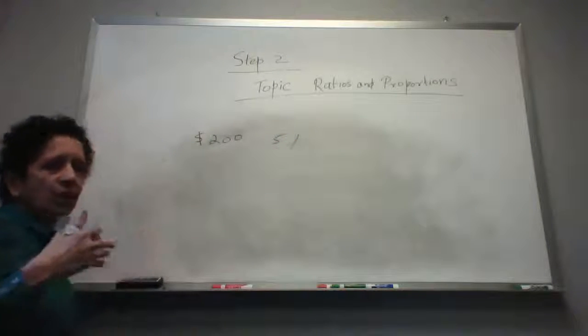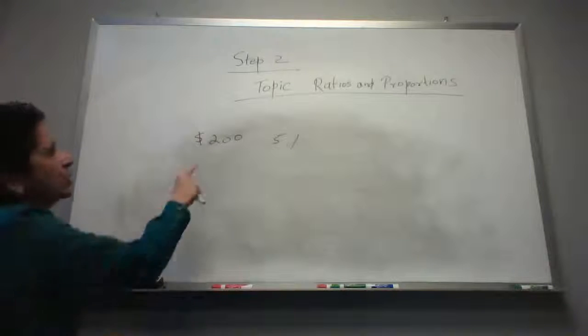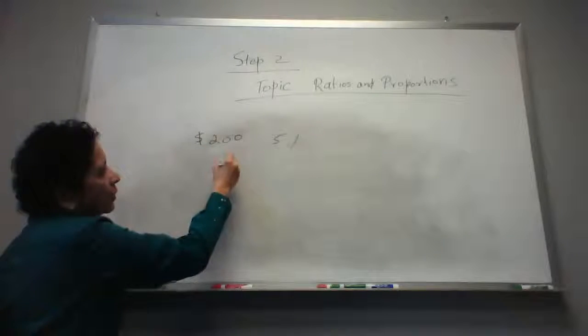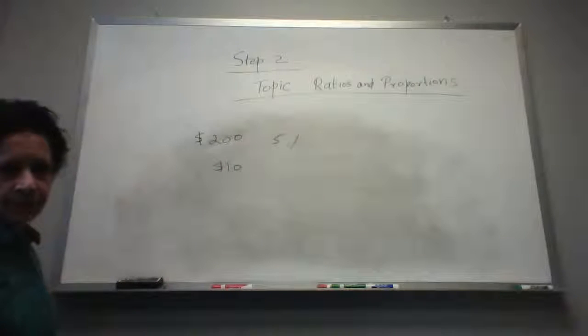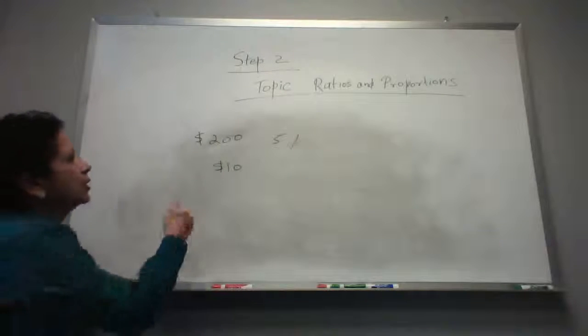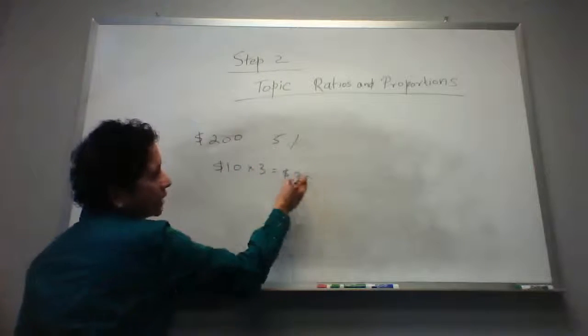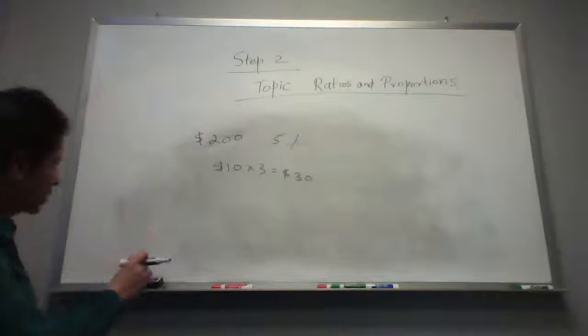So for every $100, they're going to give you $5. So now you've got 200, so 2 times 5, they are going to give you $10 interest for 1 year, right? So if you leave it there for 3 years, they are going to give you $30 interest, right? So that's how the math works.